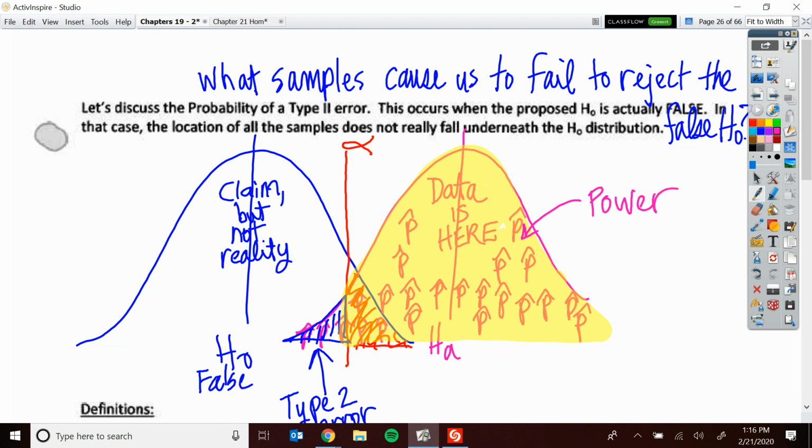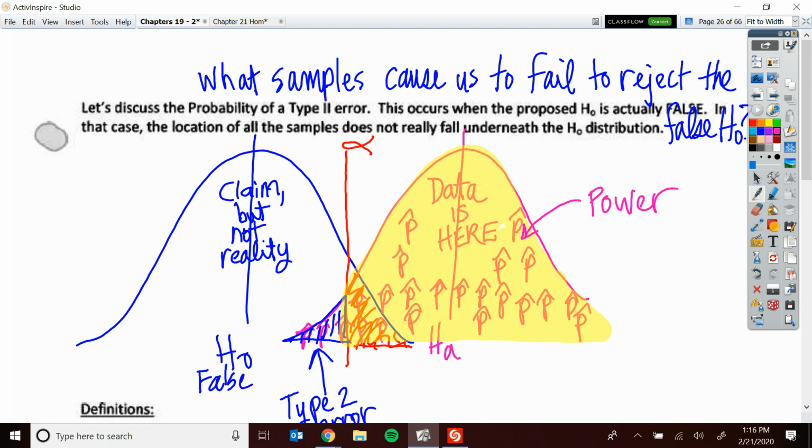Power is the probability to reject the null, to reject the null if it's false indeed. Does anybody know what tune that is?